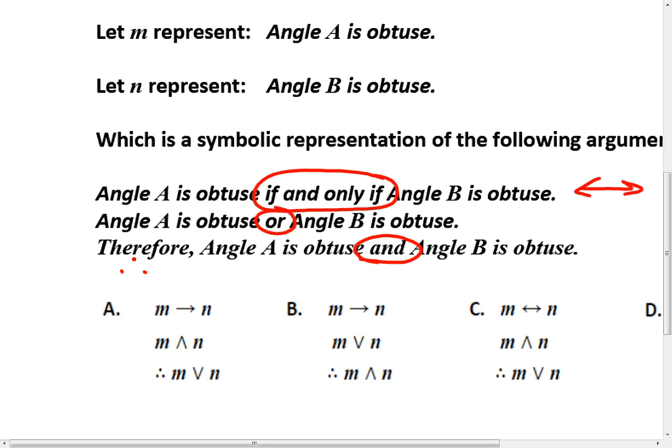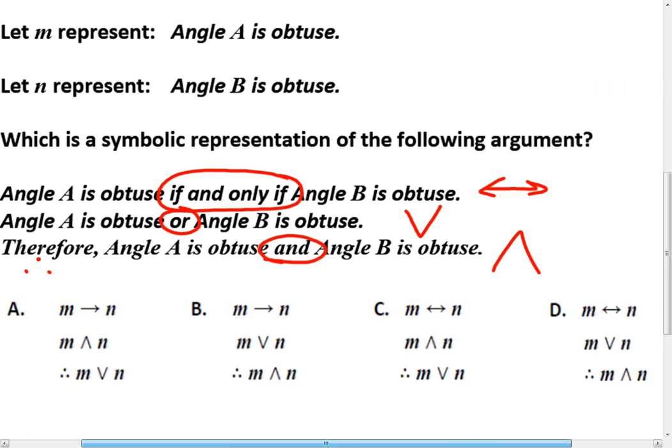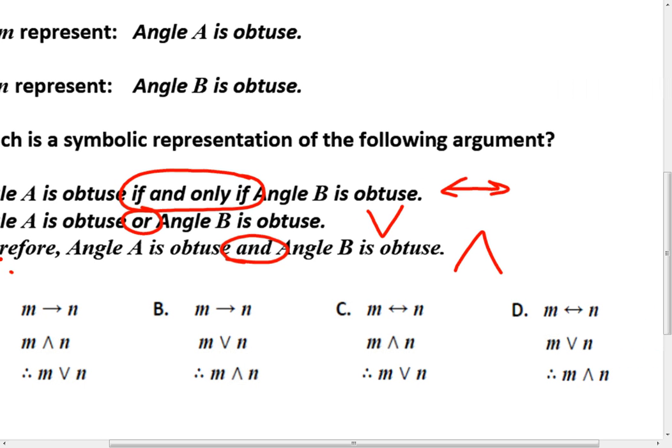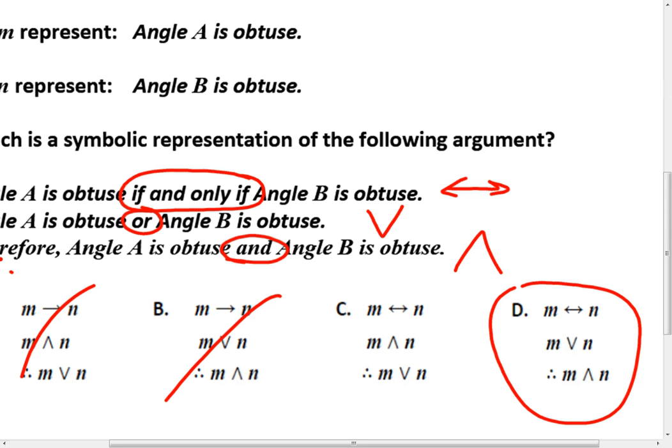A V. And the symbol for and? Well, what does an A look like? Looks like that. Do we have any of these that have that order? Let's see. The only ones that have the two arrows are C and D. The only one that has a V next would be D. There's our three symbols right in a row.